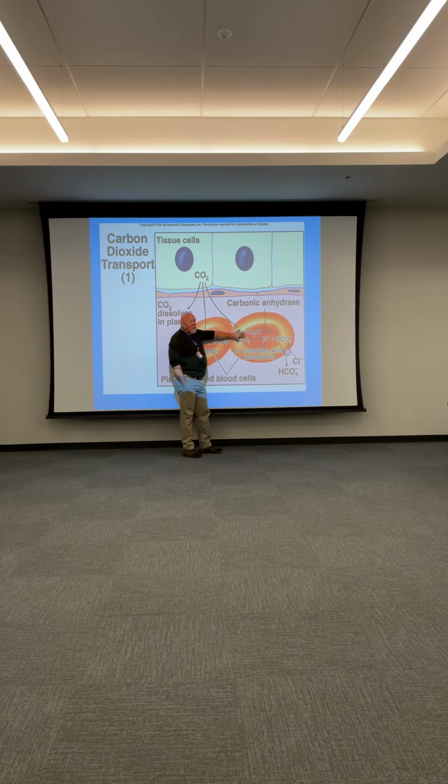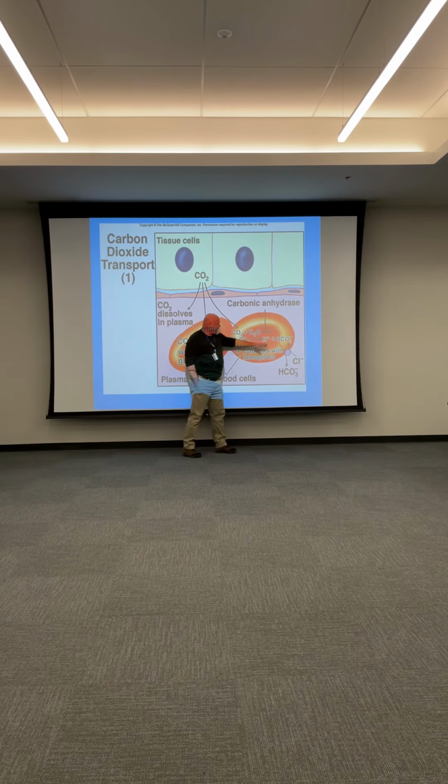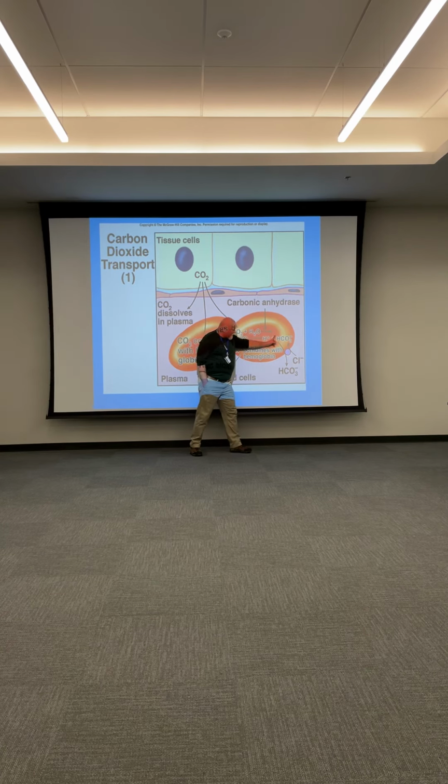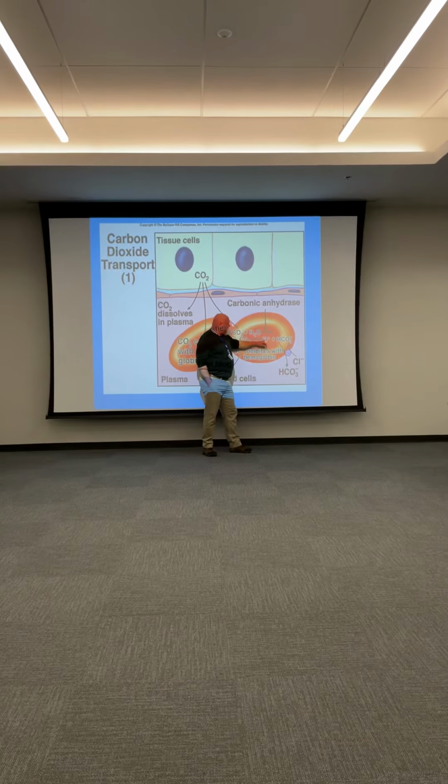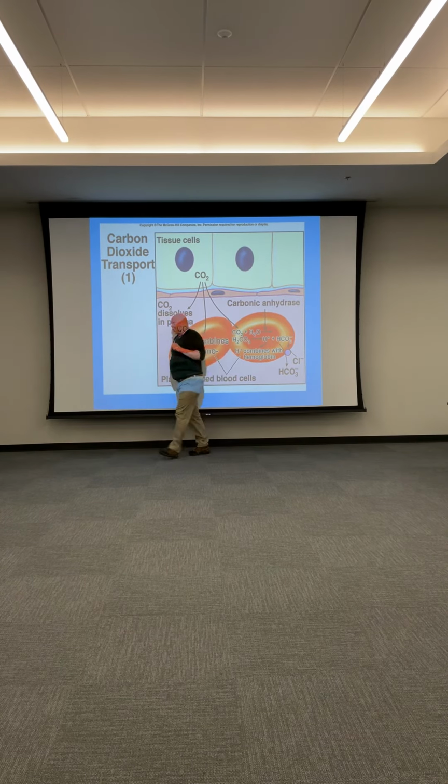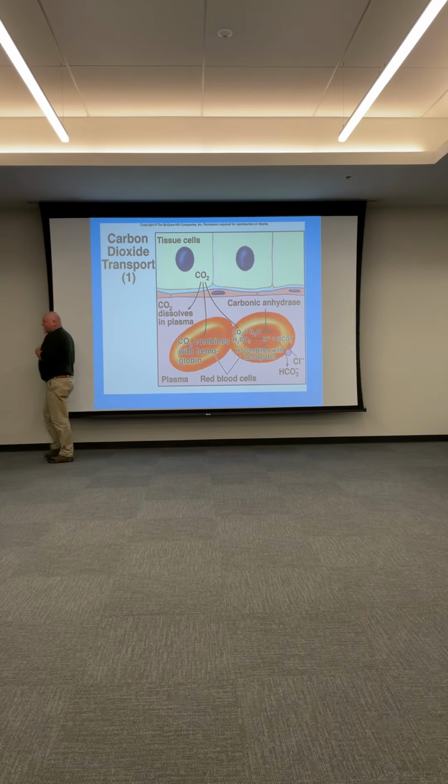The other 72% gets hit with carbonic anhydrase, and we form our old buddy carbonic acid that can disassociate, okay? Now, we can kick this out and become the buffer for the blood. We can send chloride in, and that can help us gobble up this hydrogen, okay? So, we get a twofer this way.